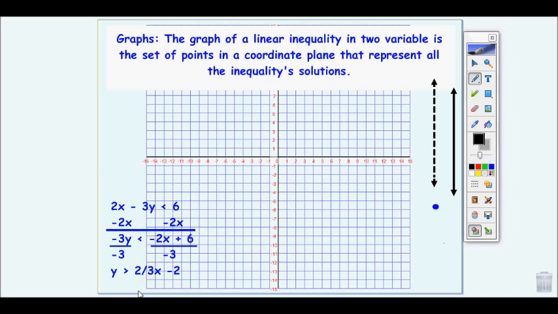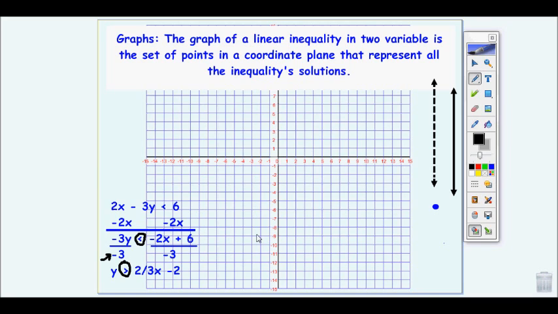Do you remember the rule about this? When we multiply or divide by a negative, we need to flip the sign. It was a less than. We have our negative right here, so we need to flip our sign. Those are all old skills we had.